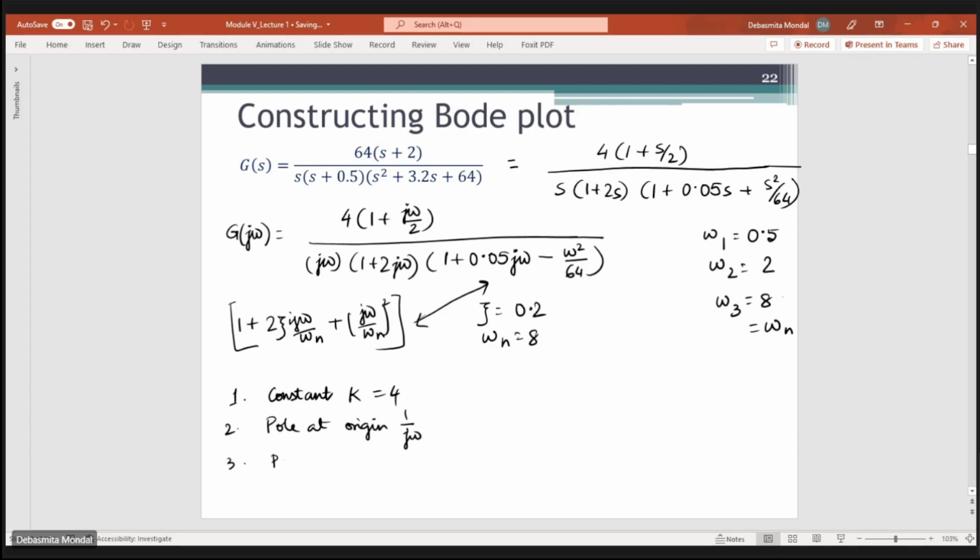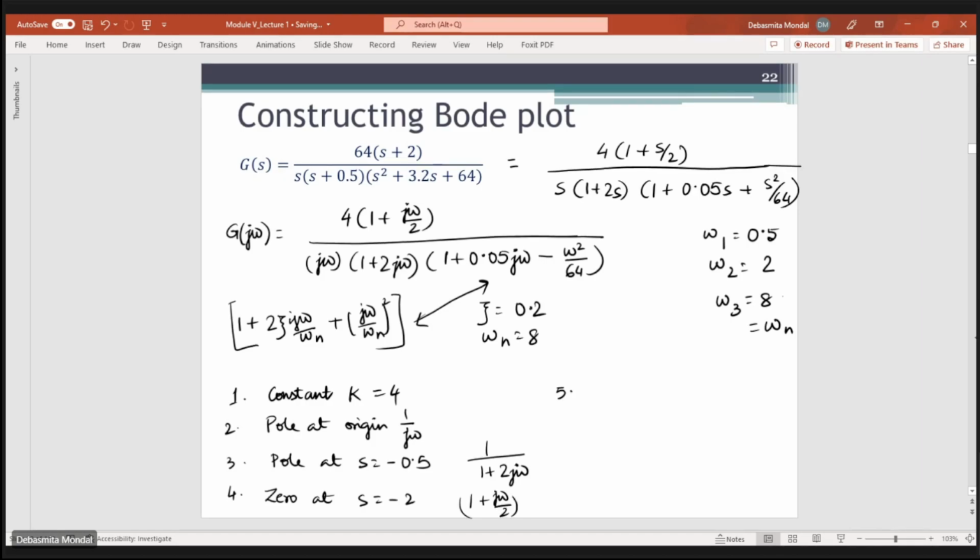Then you have a pole at s equals to minus 0.5, which is given by 1 plus 2 j omega. So here you see that there is a pole at s equals to minus 0.5. Then fourth we have a 0 at s equals to minus 2, and that is given by 1 plus j omega by 2.